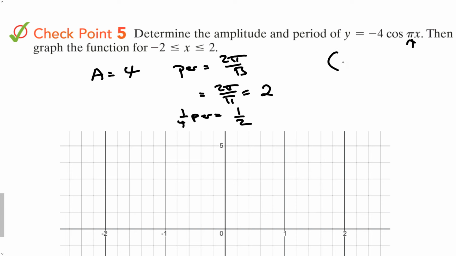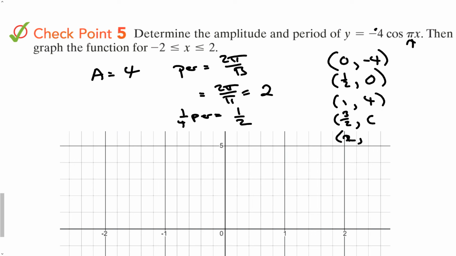Key points: start at 0, start at the phase shift, there is no phase shift, add a quarter period, and we get 1/2, 1, 3 over 2, and 2. The cosine function starts at the maximum, but reflected, so the middle, then my minimum becomes my maximum, my middle, and back to the maximum.